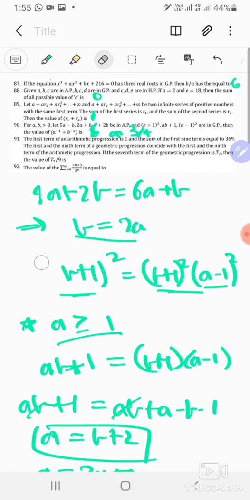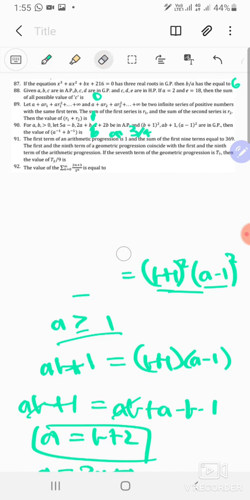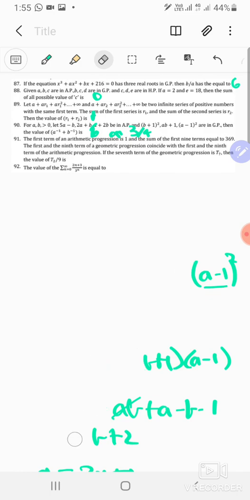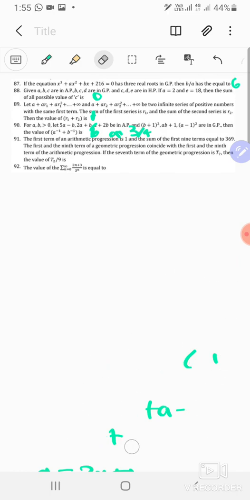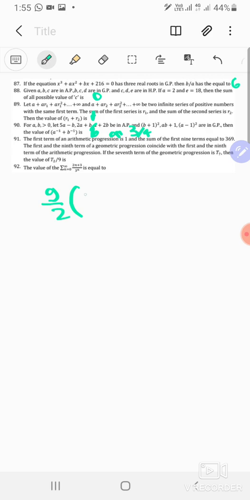Okay, so the next question is, the first term of an arithmetic progression is 1, and the sum of the first 9 terms is equal to 369. So you have 9 upon 2 into 2a, which is just 2 plus 8 into the difference, is equal to 369.